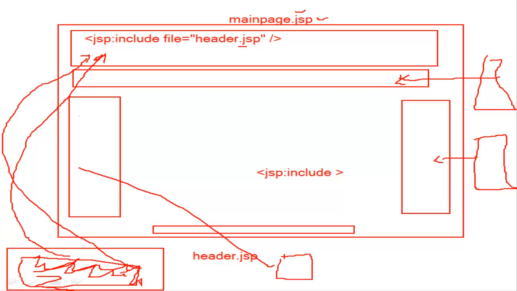In some other page, if I am creating a second.jsp, wherever I want the header, I have to just write include header. Wherever I want a footer, say include footer. So this is one way of solving the problem.